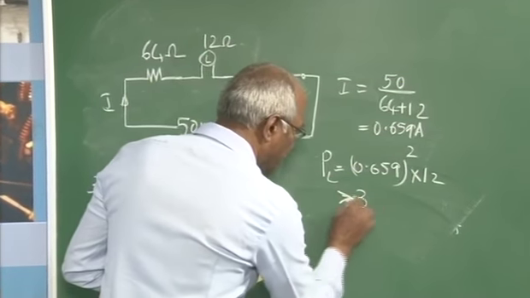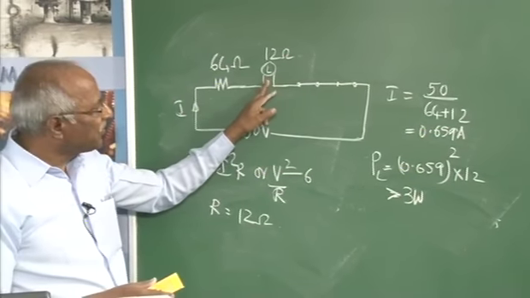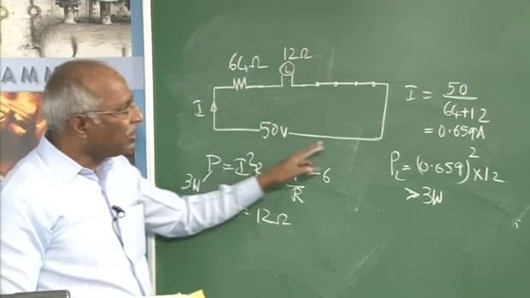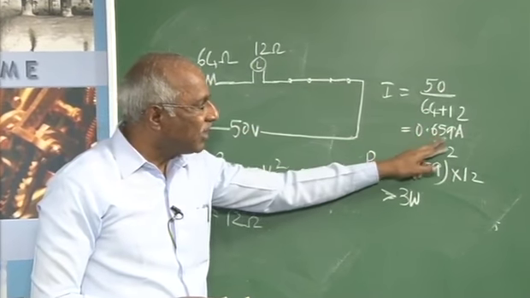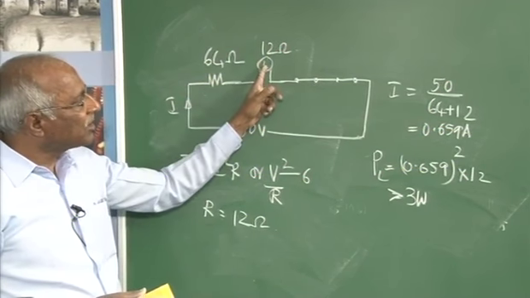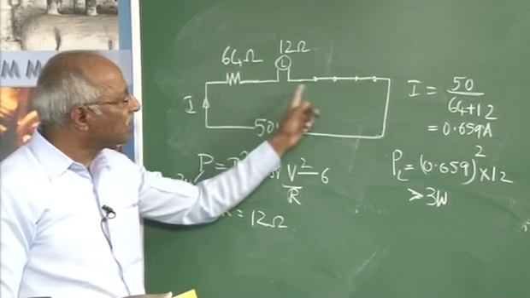This will be greater than 3 watts, so this will also fuse out. When this fuses out, what will happen? Now, only this will be left. I will repeat: when the current is 0.659 with this lamp, the heat developed will be more than 3 watts, therefore this gets fused out. With that, only the resistor will be left in the circuit.